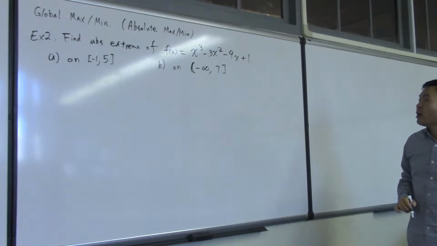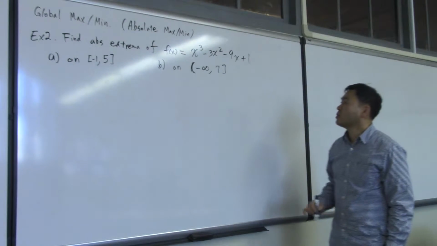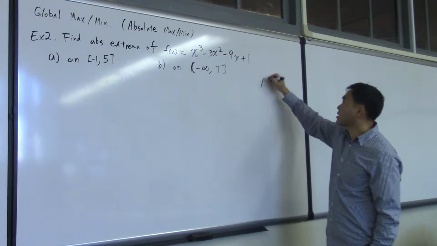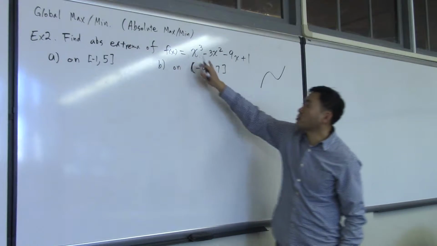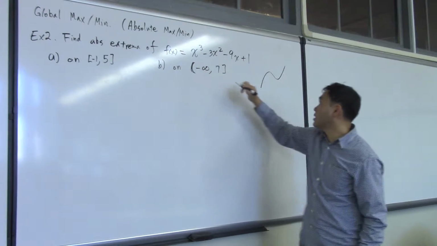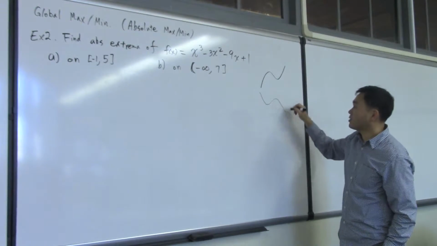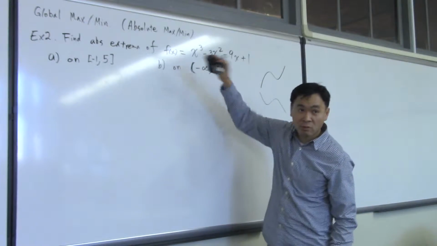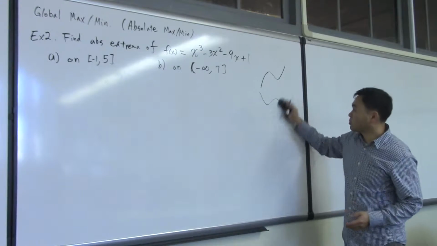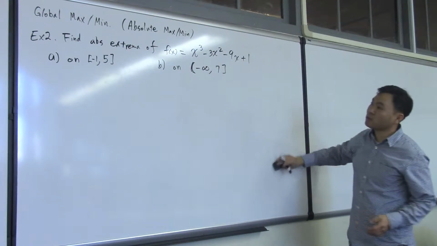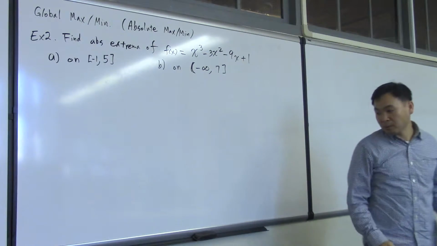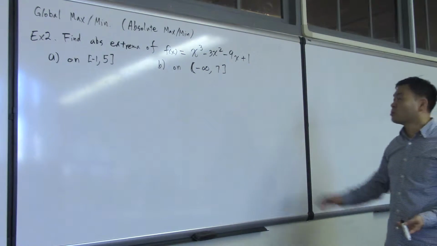It will help if you know that the graph of a cubic looks like this when the coefficient of x cubed is positive, and opposite when the coefficient of the highest order term is negative. But when you're only trying to figure out the absolute extrema, you don't really need the graph.